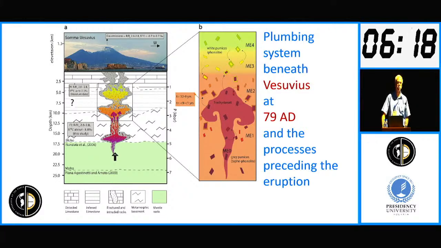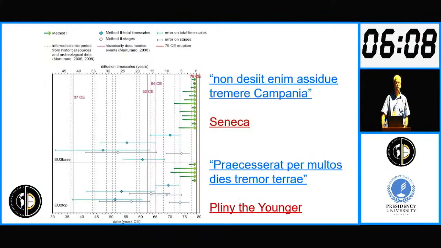So you get a much more detailed picture of what was going on and how all these different compositions are related to each other. But we'd like to do more. We can get timescales from that, which we have done. So now you can go and work out how long before the eruption things were moving into those magma chambers and causing different effects like earthquakes.